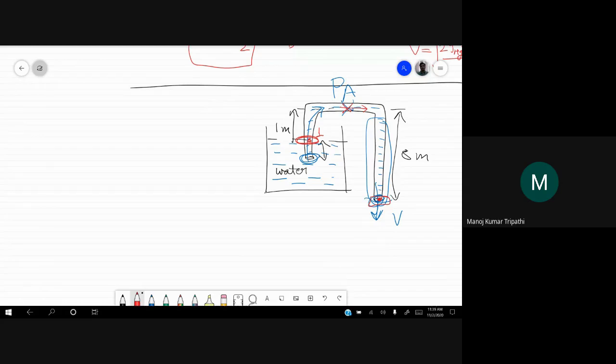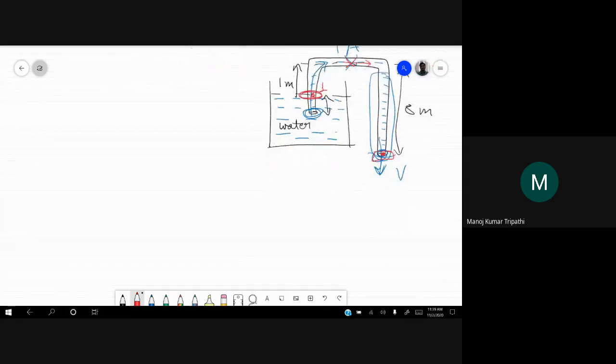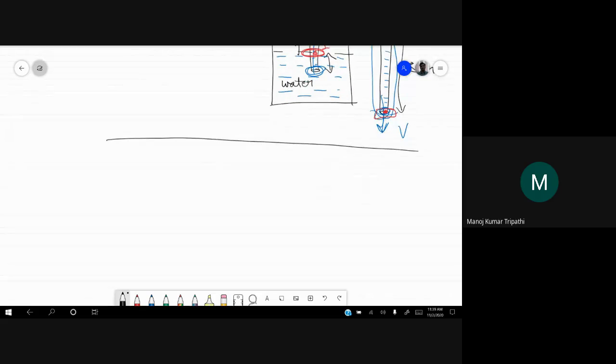This is problem number 6.10. So you are given that this fluid is incompressible, it is inviscid, frictionless, the flow is steady, and the velocity field is given.